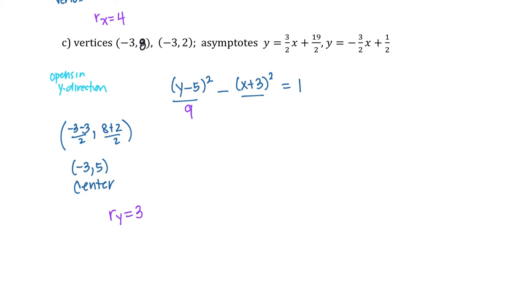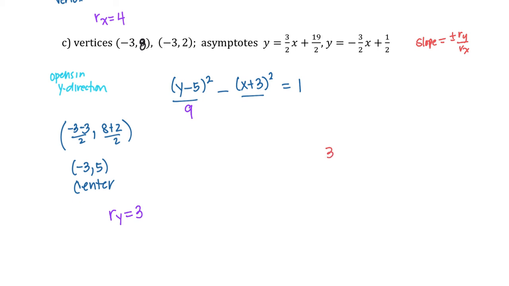Okay, now what do they give me? They don't give me the focal radius, they give me the asymptotes. The main thing I care about with the asymptotes is the slope, because the slope is going to be plus or minus ry over rx. So I know the slope is going to be either 3 halves or negative 3 halves. I'm going to use the positive one.